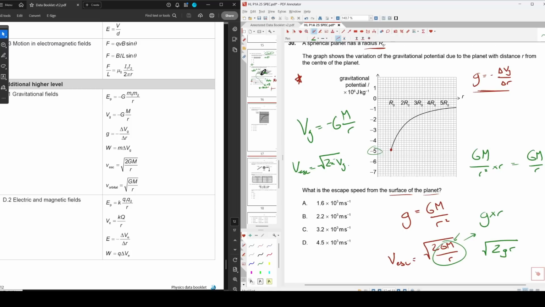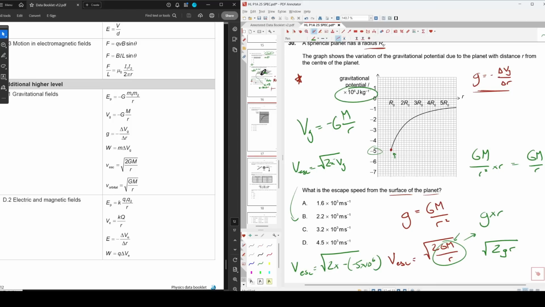So we would just plug in Vg at the surface of the planet. The Vg at the surface of the planet is 5 times 10 to the 6. So the escape speed formula, if I finagle it, is the square root of 2 times negative negative 5 times 10 to the 6. Watch out for this thing.